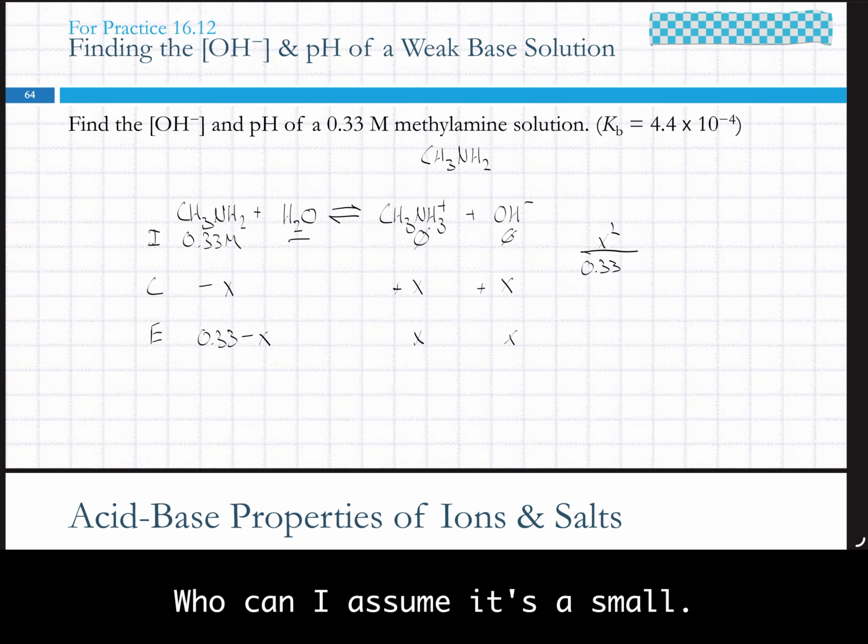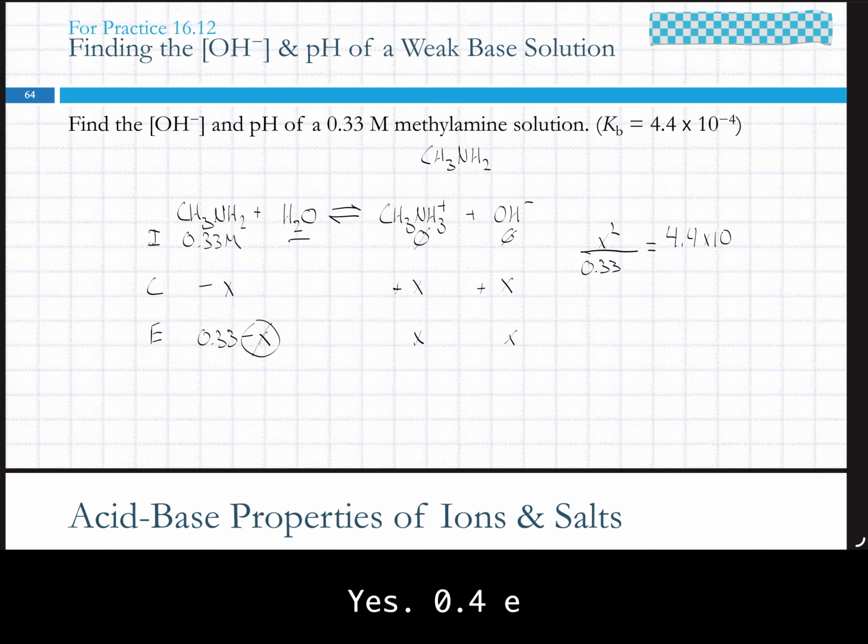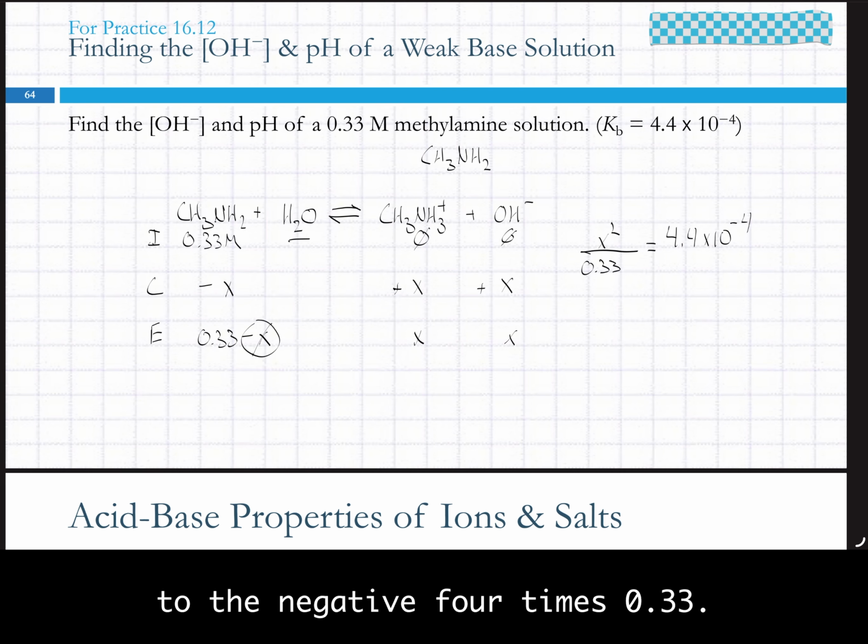Ooh, can I assume X is small? Yes. 4.4 e to the negative 4 times 0.33, square root.